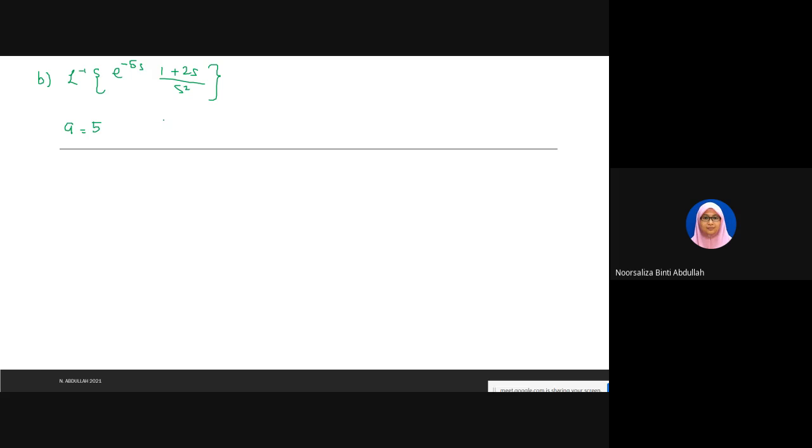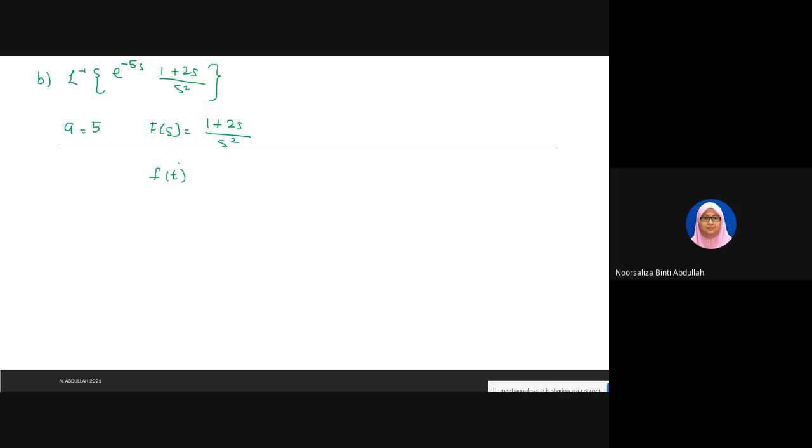Okay, and then you have to identify the Fs. Fs equals to 1 plus 2s divided by s square. Okay, next you kena dapatkan Ft from here.